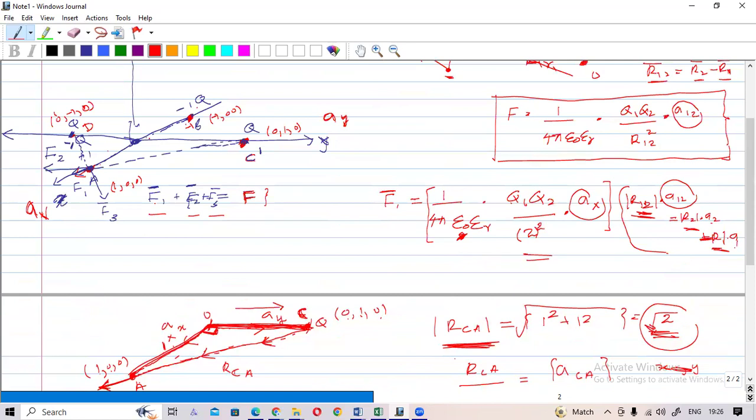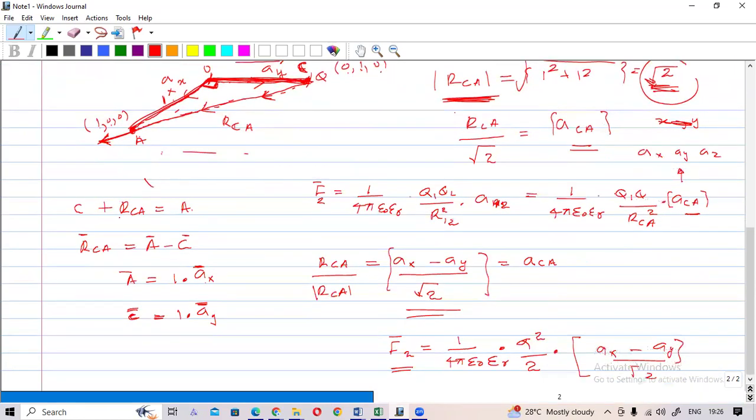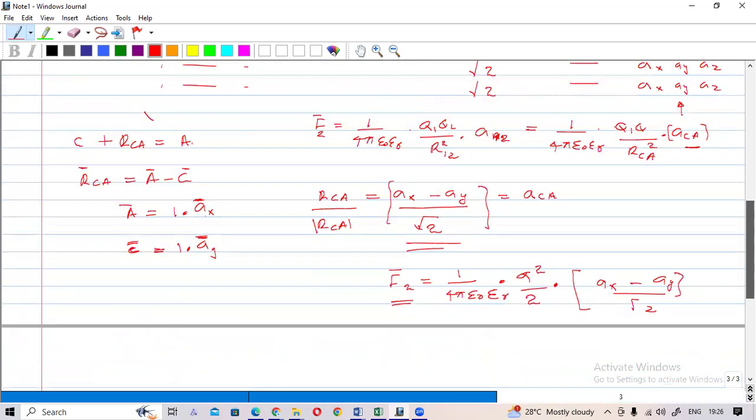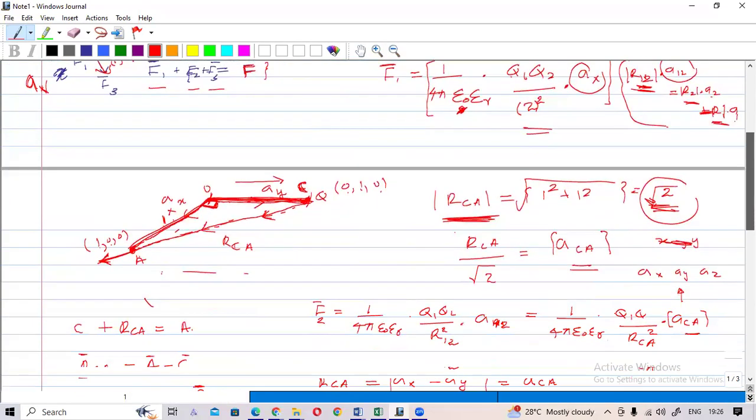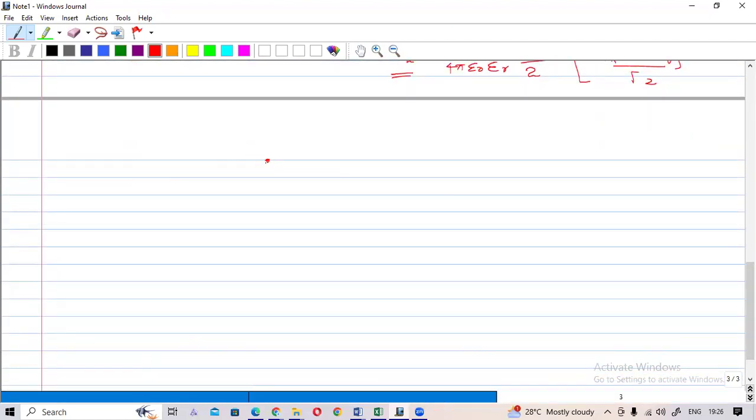Then what you have to find? You have to find F3 also, and you can easily find that. I will write it. Here this is the origin, and you have the D location.